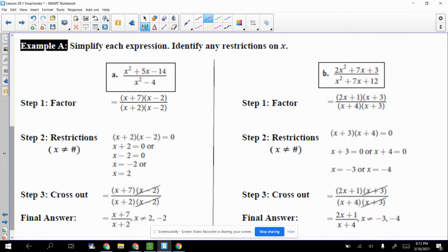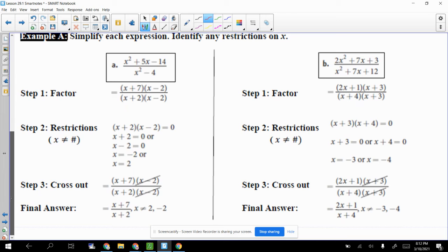So this example A follows those steps to give you an answer, and it simplifies each expression and identifies the restrictions on x. So in this first one, part A, you have x squared plus 5x minus 14 over x squared minus 4. So this here is a rational function because it is a ratio.